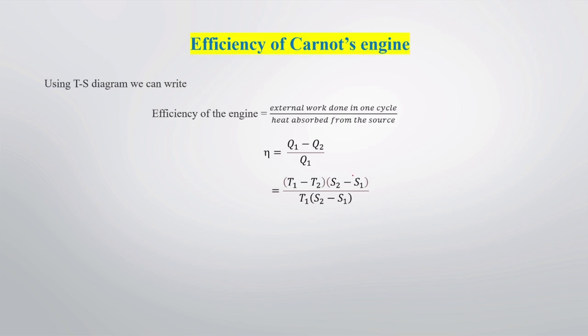This gets cancelled, and therefore we can write this as (T1 minus T2) upon T1, which we can also express as 1 minus T2 by T1. Thus the efficiency can also be found from this TS diagram. So that is how we are able to find the work done from the TS diagram.